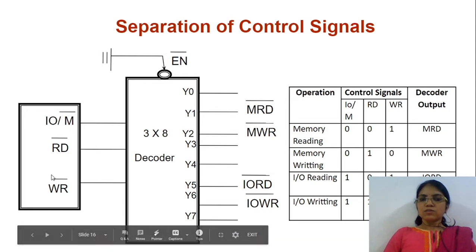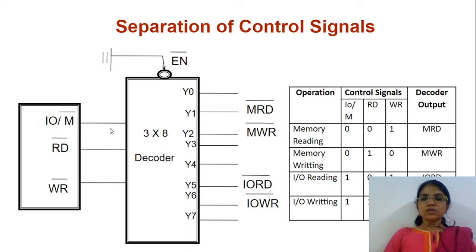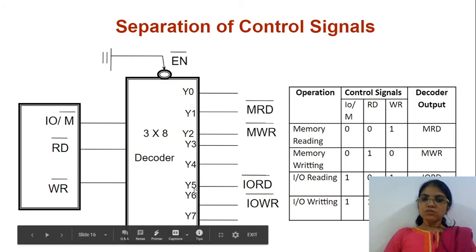While on the WR bar signal, we transfer 1 again. So by transferring 101 on the inputs of the decoder, 101 stands for 5, Y5 output is activated, and on Y5 the signal is related with the input output reading operation.